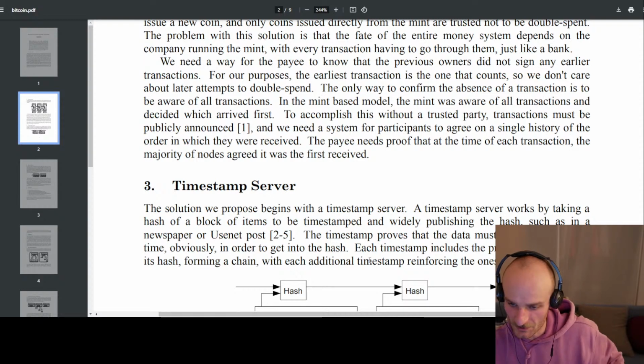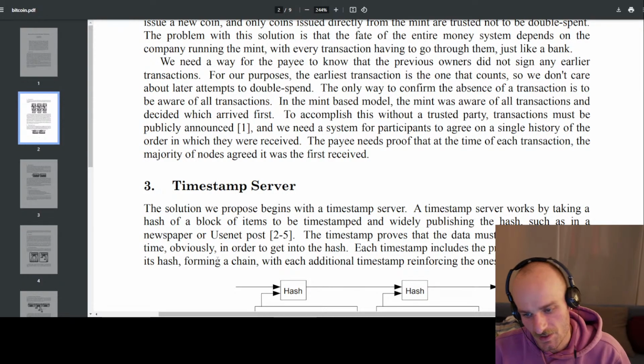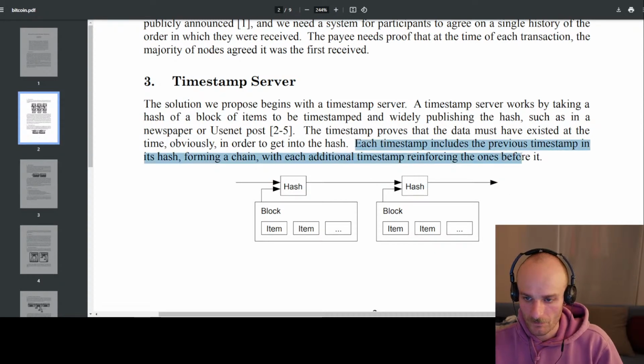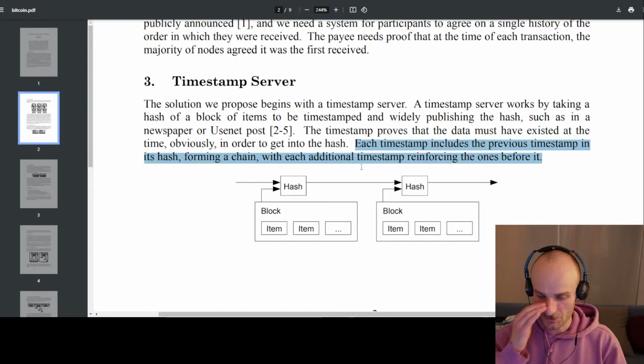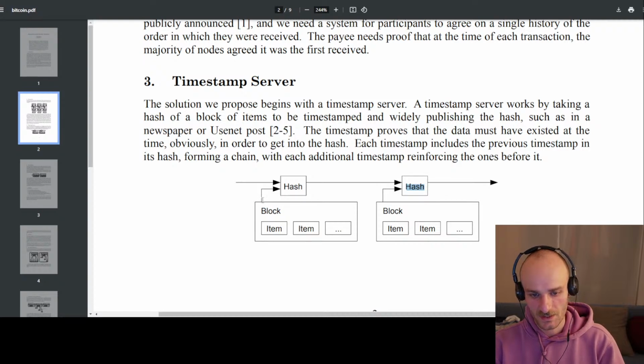Each timestamp includes the previous timestamp in its hash, forming a chain, with each additional timestamp reinforcing the ones before it. So, quite direct. I wouldn't say simple, it's direct. I wouldn't say simple, so as not to underestimate this, as this is a nesting of hashes, and for each hash we have a timestamp.